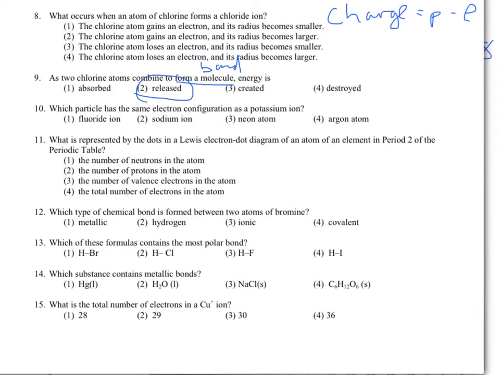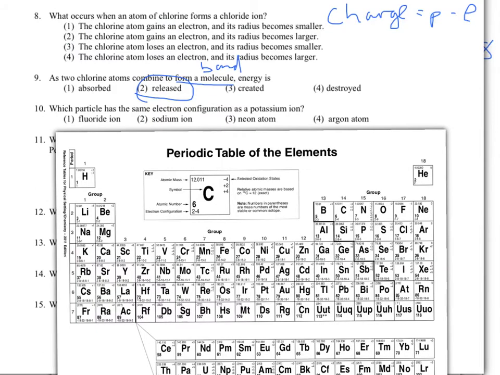Next, we're looking for a particle that has the same electron configuration as a potassium ion. Potassium is found here on the reference table. We can see that the electron configuration for a potassium atom is 2, 8, 8, 1. But we can also see from our reference table that potassium has a charge of +1.